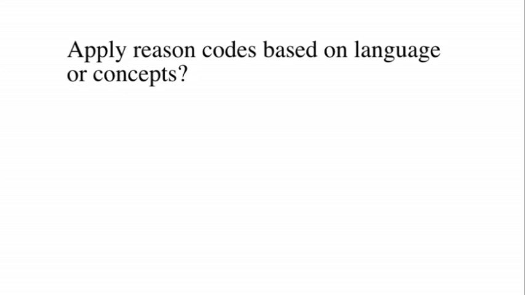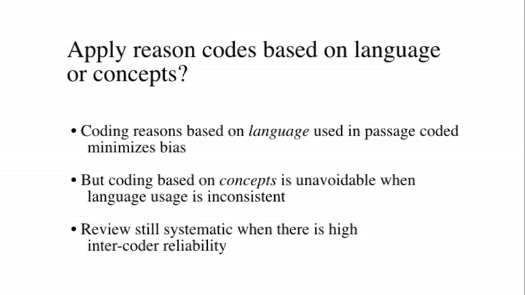A key decision to take is whether to assign types to reasons in text passages based on the language used in the passage, for example, the word reciprocity, or indeed to the concepts that the language expresses, the concept of reciprocity. Coding on the basis of language minimizes bias because different reviewers should agree on what language is used in the passage coded.